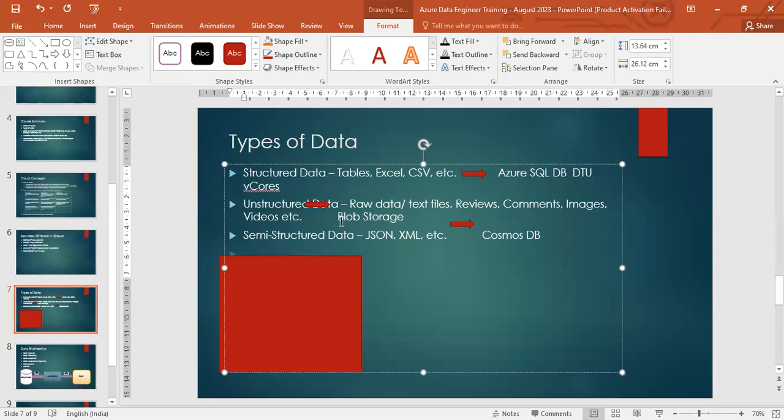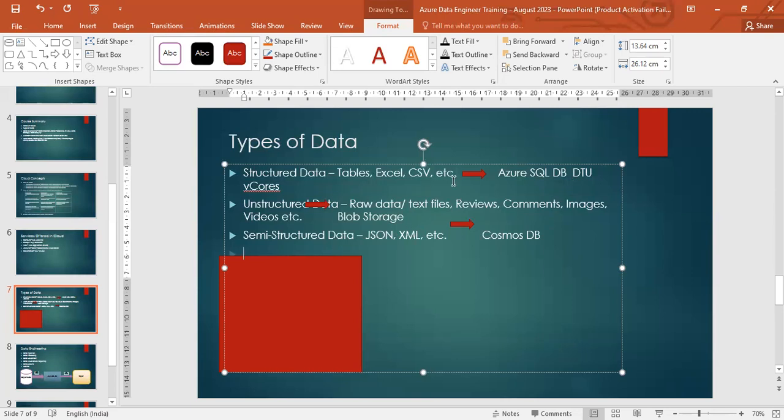If your project requirement is first to copy that data to the blob storage, do some processing on that data using Databricks, and then copy that data to Azure SQL DB, that could also be one of the cases. It purely depends on the requirement of the project. If you do not want to keep that data in the SQL DB, you can use blob storage and access it again from different Azure services depending on your need.